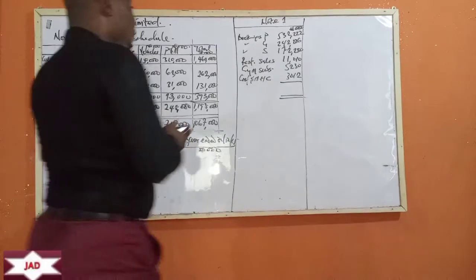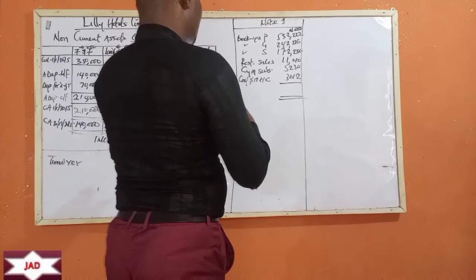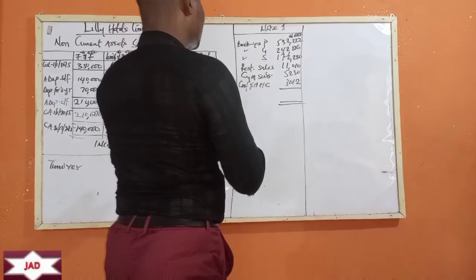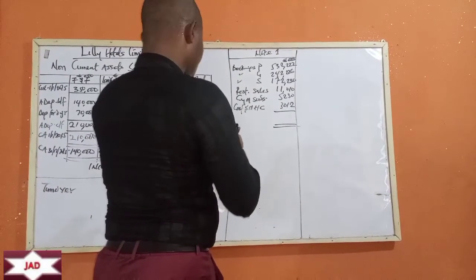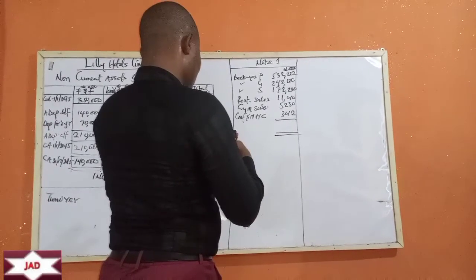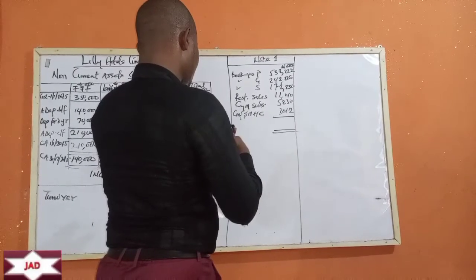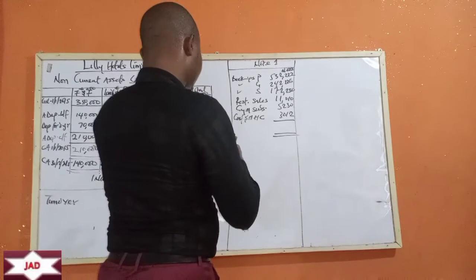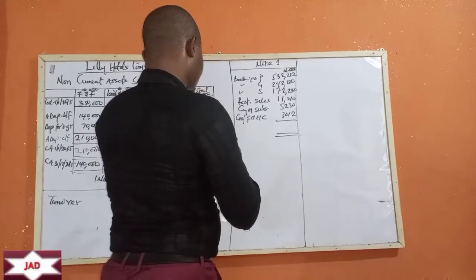Let's add up. So we have 53,222 plus 242,226 plus 172,230 plus 11,010 plus 5,230 plus 3,012.